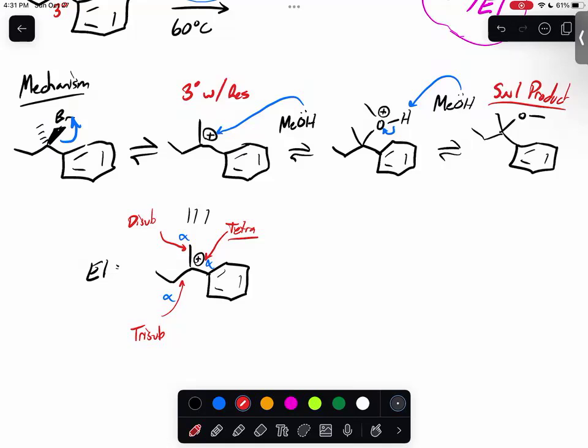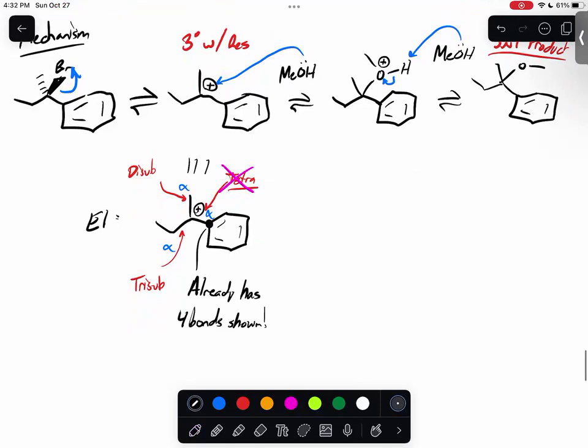But if you look at it, this carbon that we're looking at already has four bonds shown. So if this already has four bonds shown, that means there's no hydrogens there to take. Since there's no hydrogens there to take, that tells us that we actually cannot form this tetra-substituted alkene.